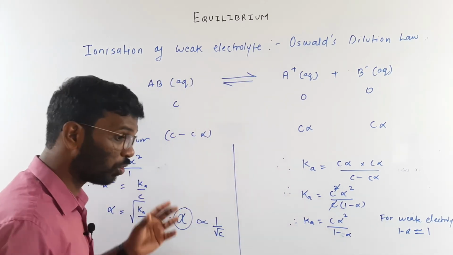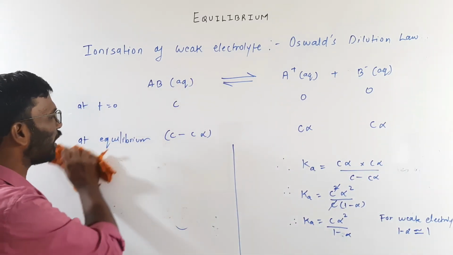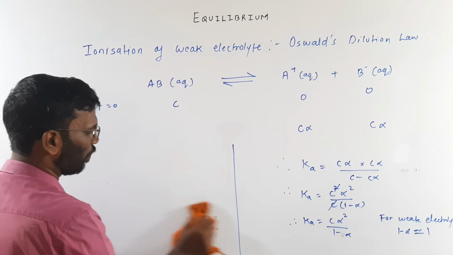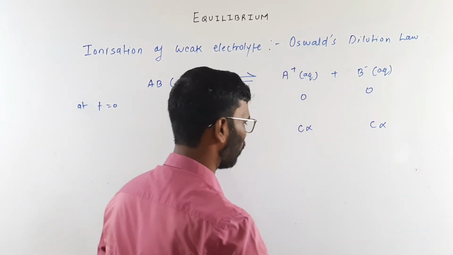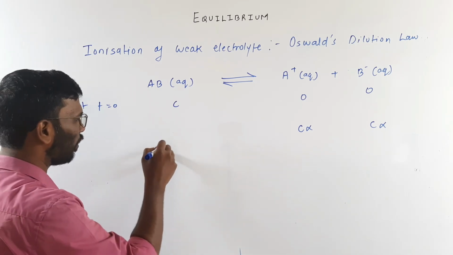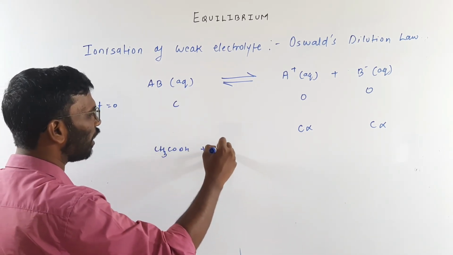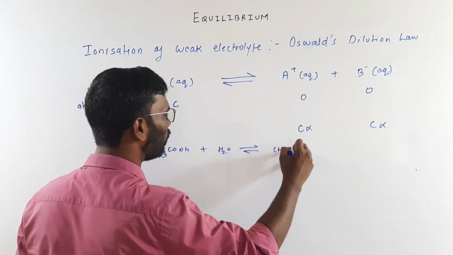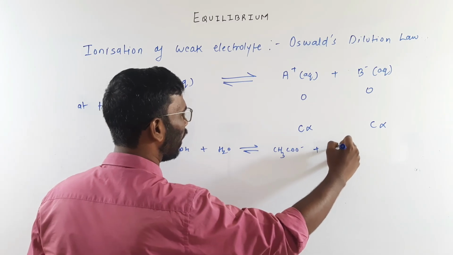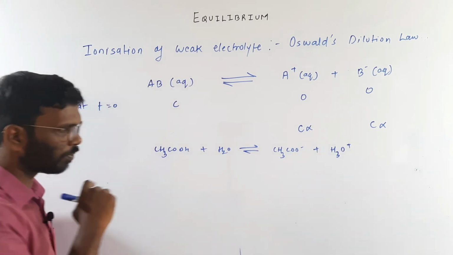What is the meaning? In short, what it says is that if there is acetic acid, CH3COOH, and there is a certain amount of water, it will split up as CH3COO minus, and H plus will combine with water, so I will write this as H3O plus.